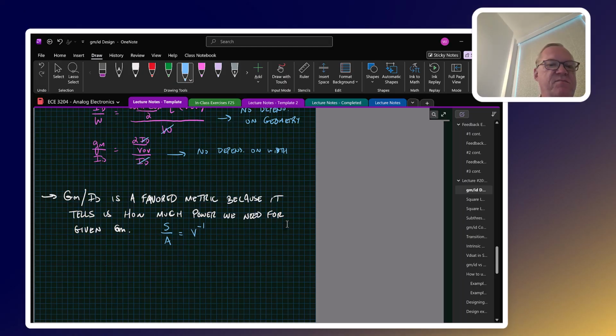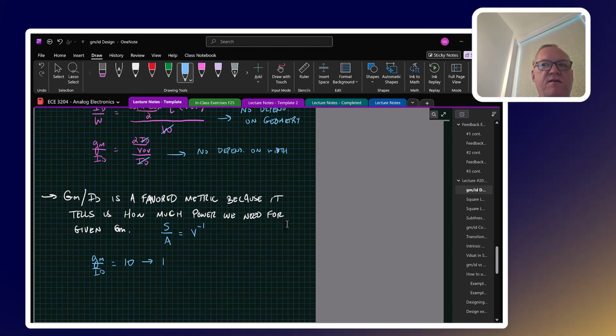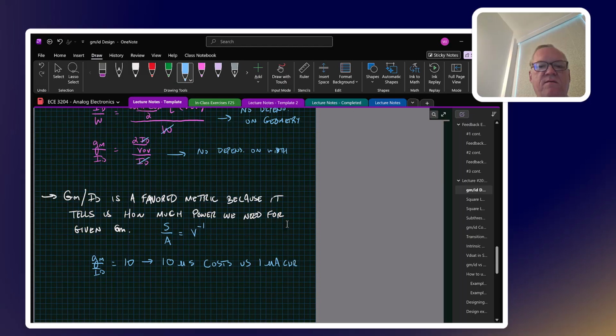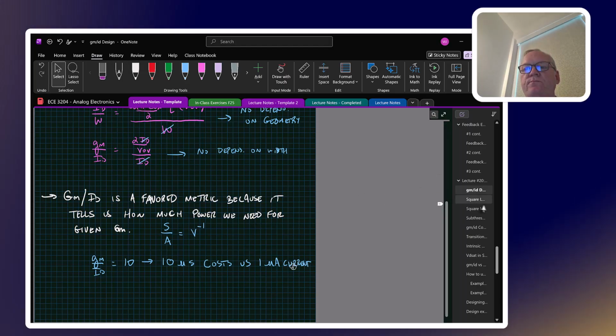And if we have something like gm over ID equal to 10, this tells us that 10 microsiemens costs us 1 microamp of current. So it's scalable, and it tells us if we need a certain gm, it's going to cost us a certain amount of power.